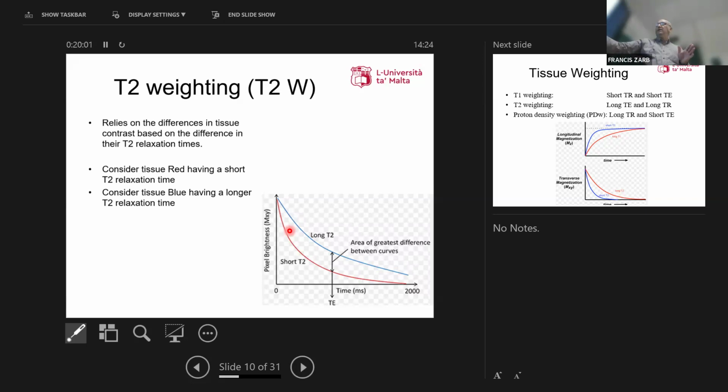And here, the TE, if I make it too short, both of them would have maximum signal intensity. If I make it too long, both of them would have lost their transverse magnetization. So it would be somewhere in between, neither too short, but not too long.